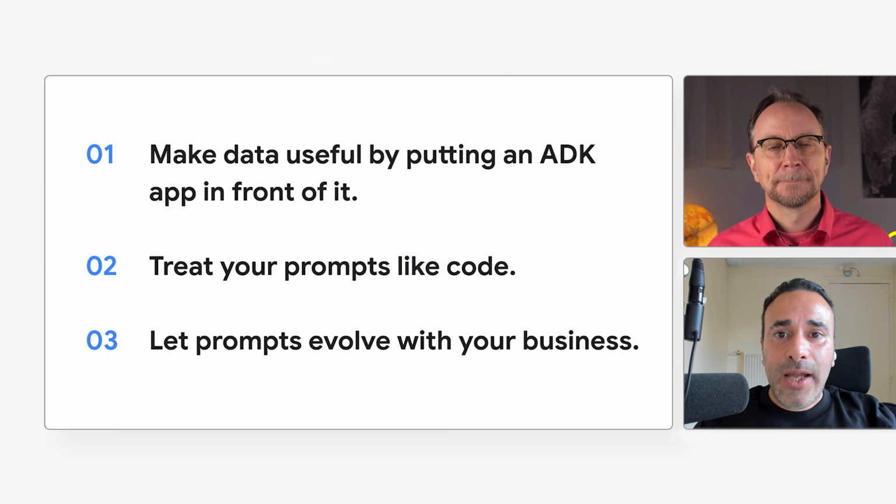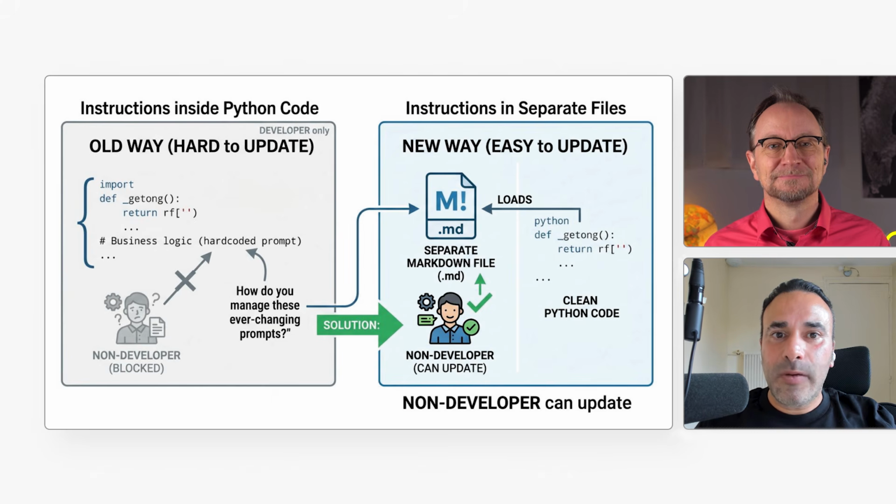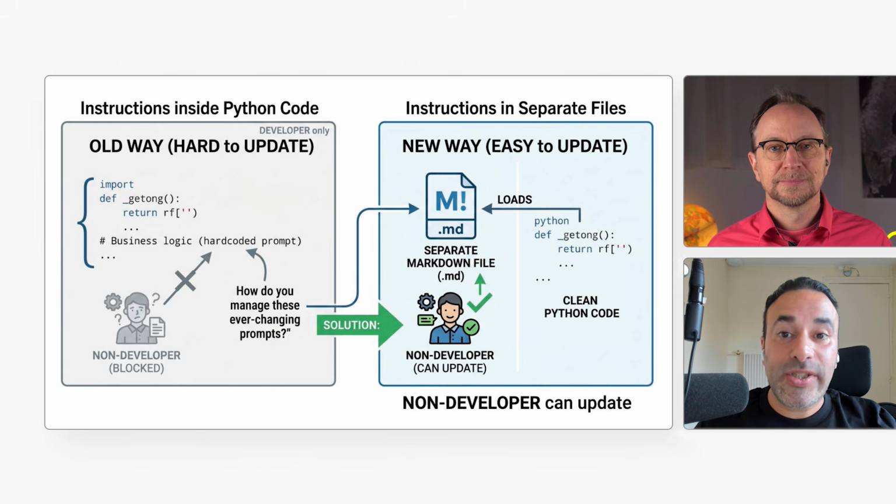Or you might add a new database table. You need to make it easy to update those instructions so the agent stays smart. Okay, that makes sense. But if you do that, how do you manage these ever-changing prompts? By keeping them in separate markdown files, it keeps your instructions out of your Python code, which makes it easy for non-developers to jump in and update them whenever business rules change.